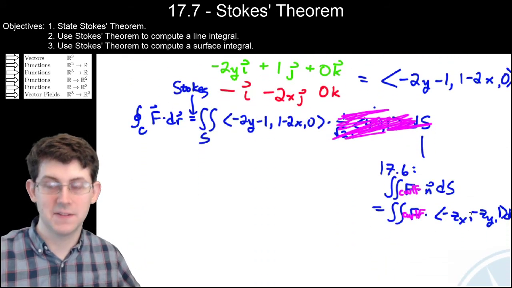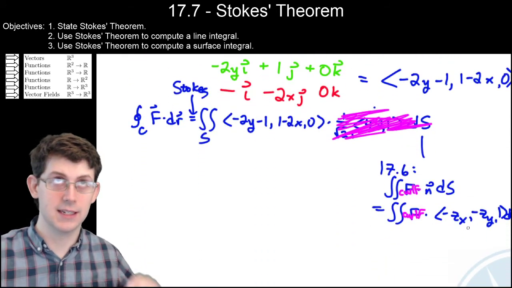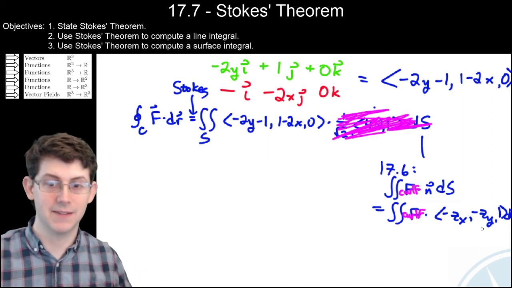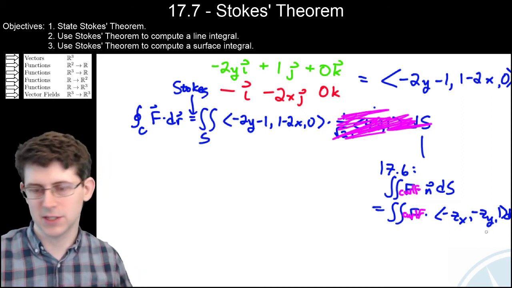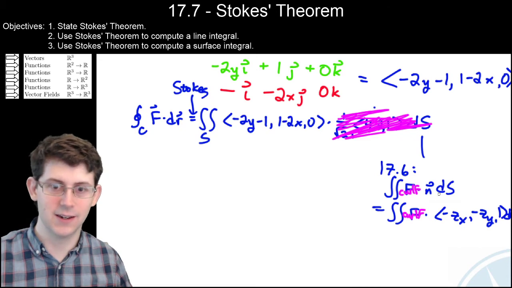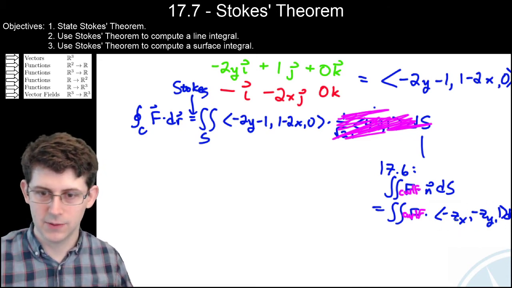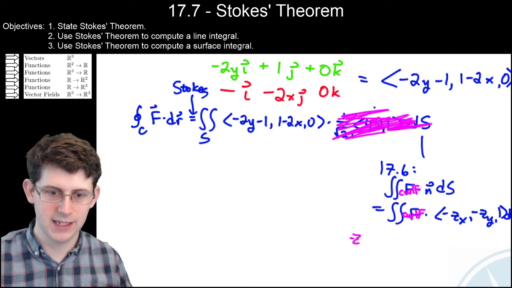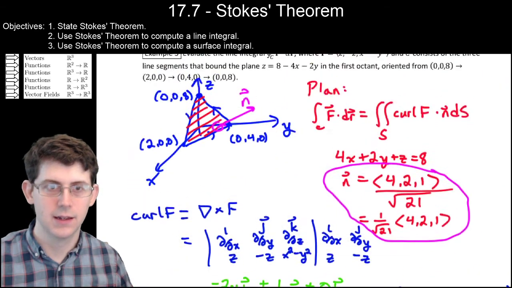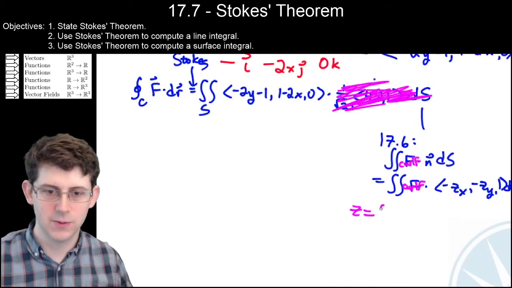The trick in 17.6 was that if your surface is given explicitly by a function, then you can just use some partial derivatives, and your n dS all together is given by this thing. So what is minus z_x? Well, z was 8 minus 4x minus 2y.